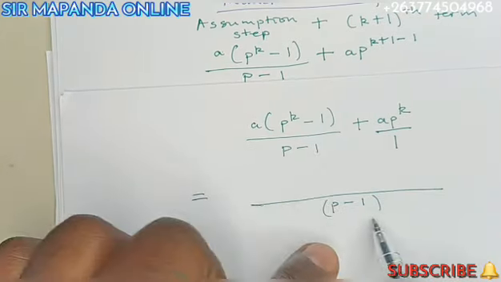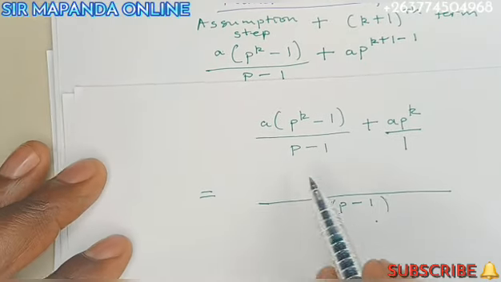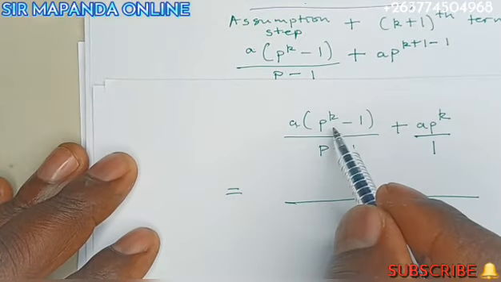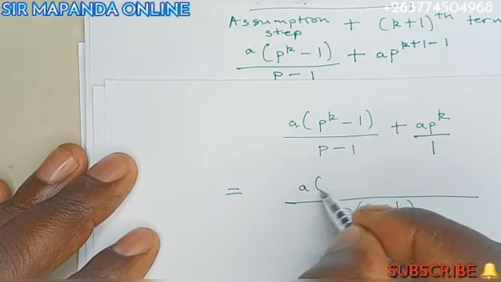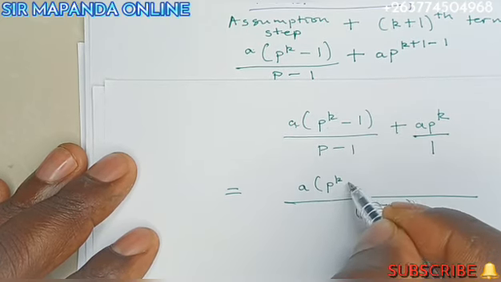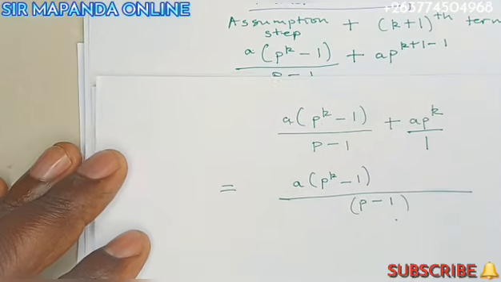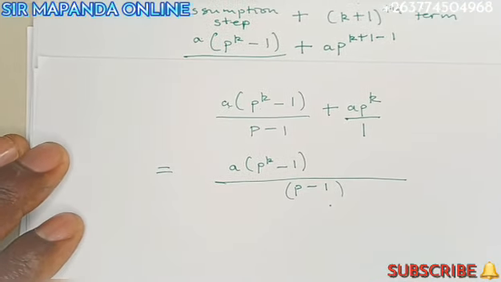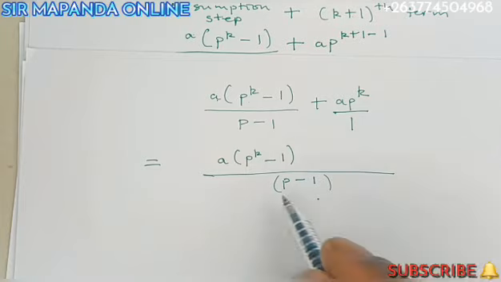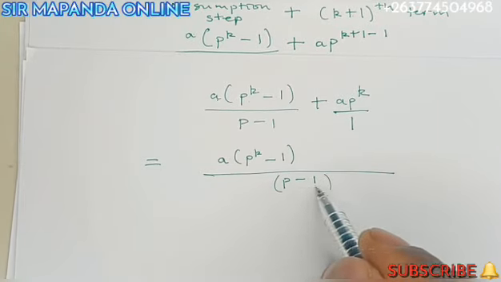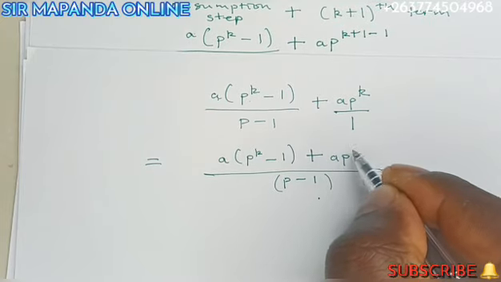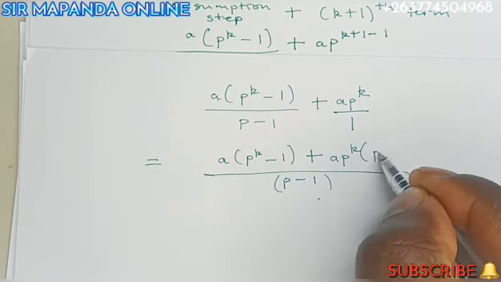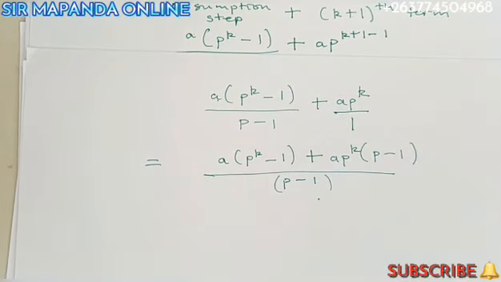Then p minus 1 into p minus 1, you get 1. Then 1 multiplied by a p to the power of k minus 1, you get a p to the power of k minus 1. Then 1 into p minus 1, you get p minus 1. So you are saying plus a p to the power of k is going to multiply p minus 1.